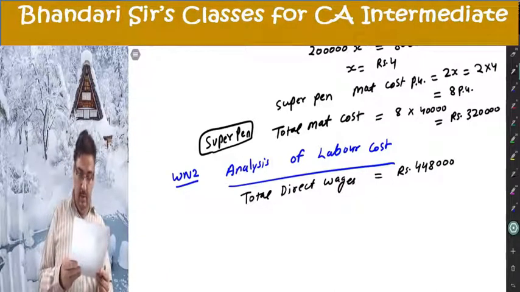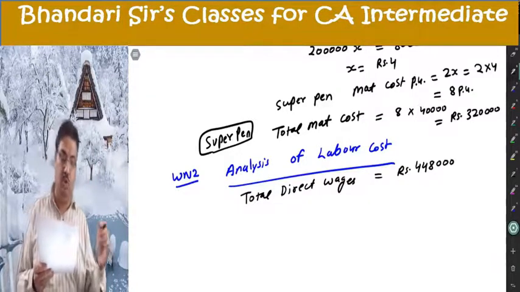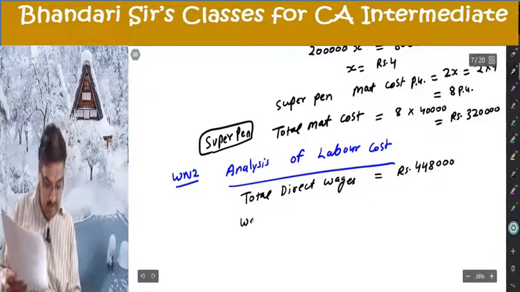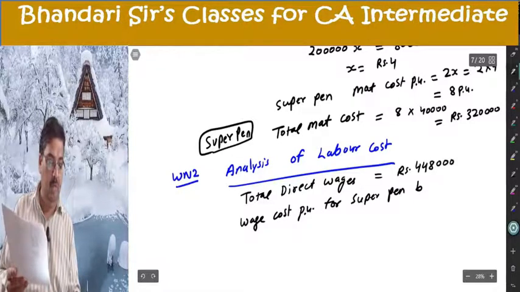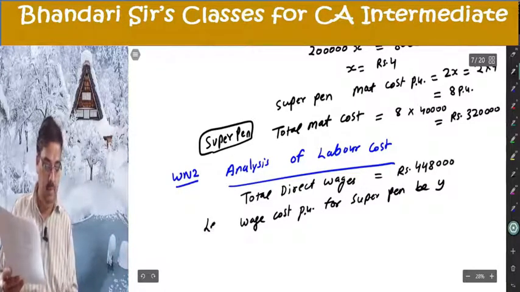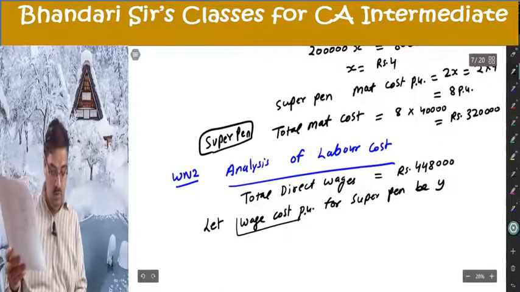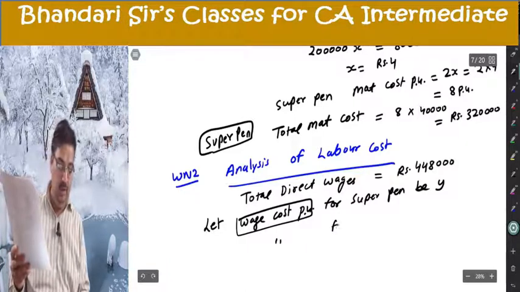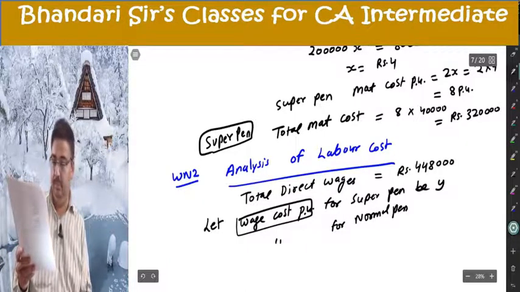Now it is written direct wages for normal pen were 60% for those for super pen. Let wage cost per unit for super pen be Y. X I have used, I will use Y. Wage cost per unit for normal pen 0.60Y.